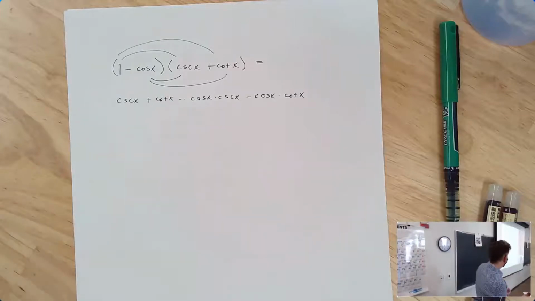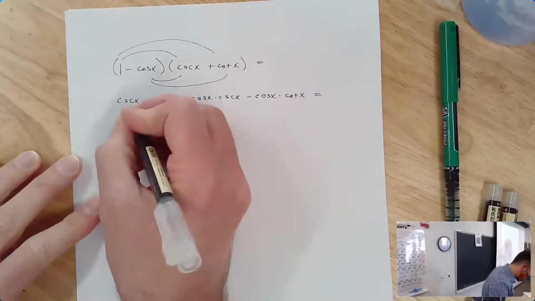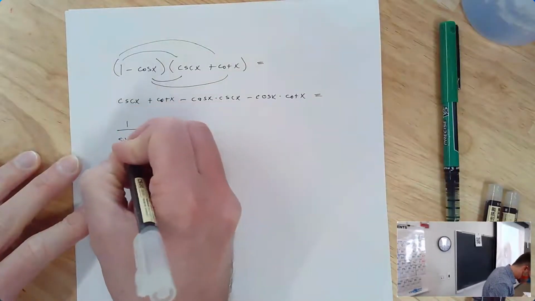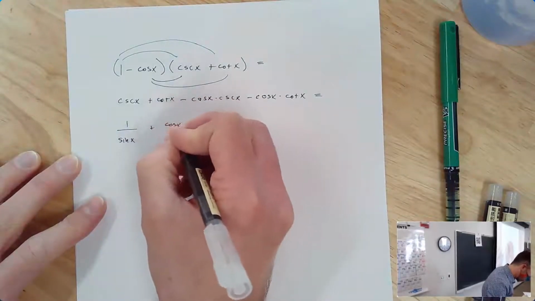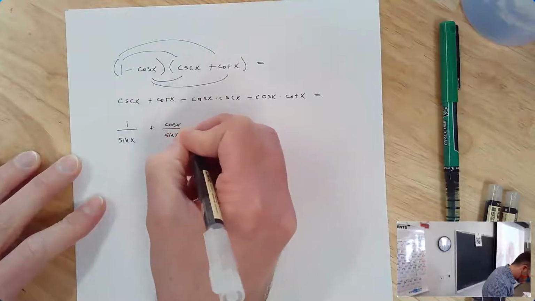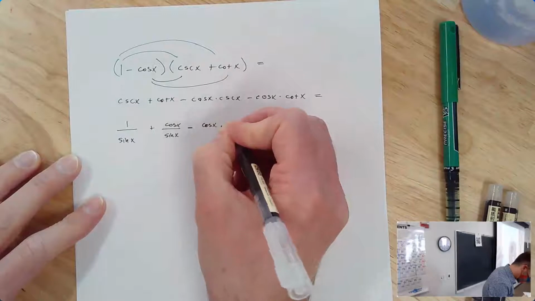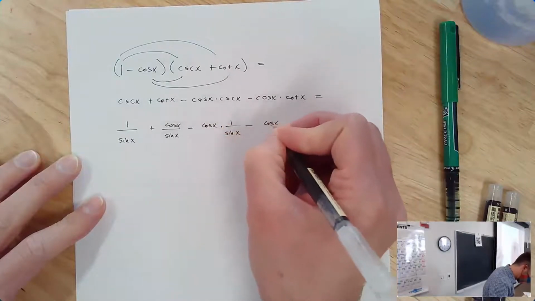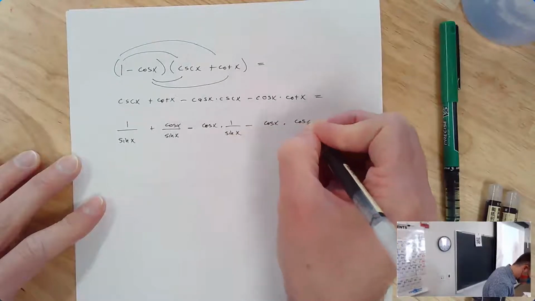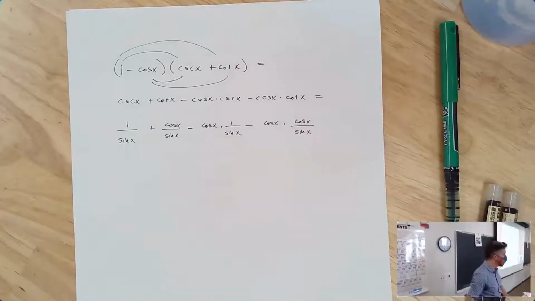And now I would replace all the things with sines and cosines, meaning I'm going to rewrite cosecant of x as 1 over sine of x. And I'm going to rewrite cotangent of x as cosine x over sine of x. And something cancels right off the bat.